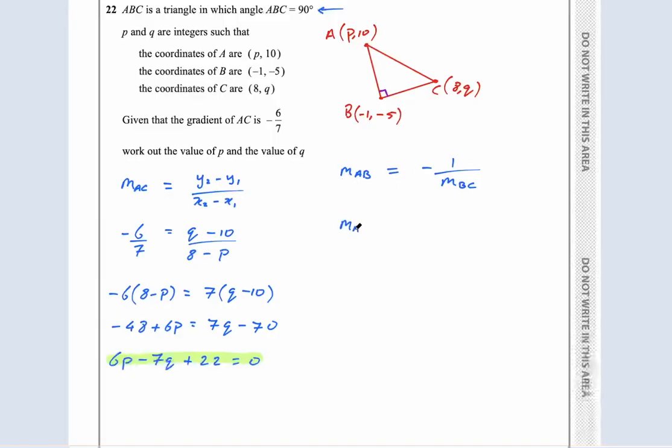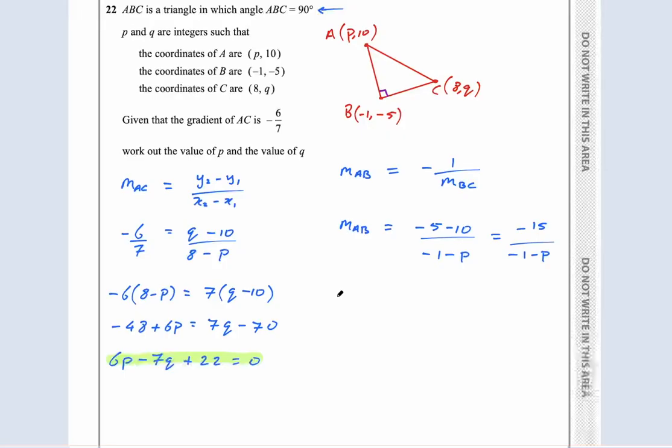So MAB, same method, is y2 minus y1, so minus 5 minus 10 over x2 minus x1, minus 1 minus p, which is negative 15 over minus 1 minus p.